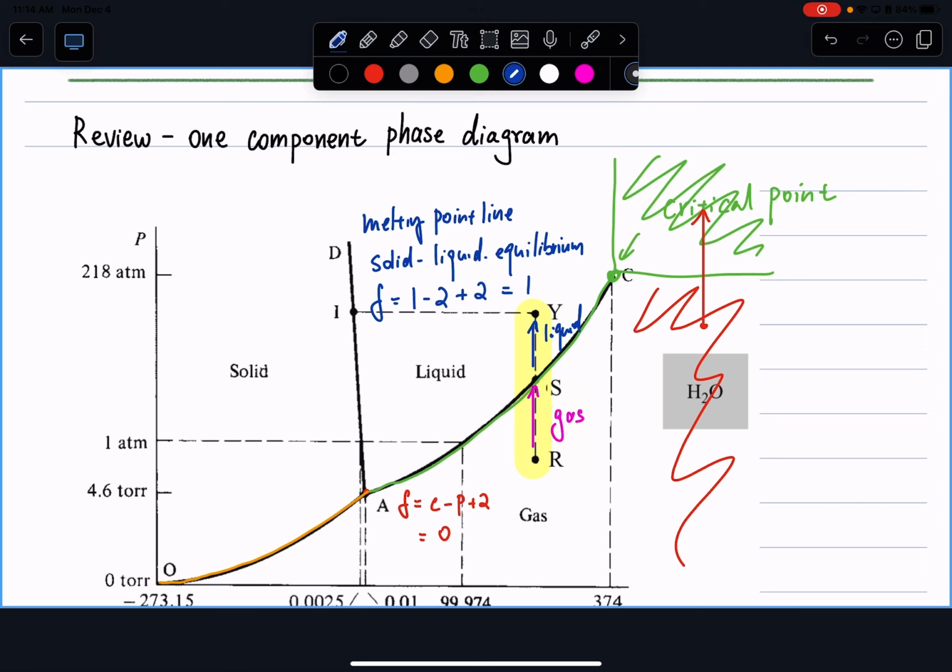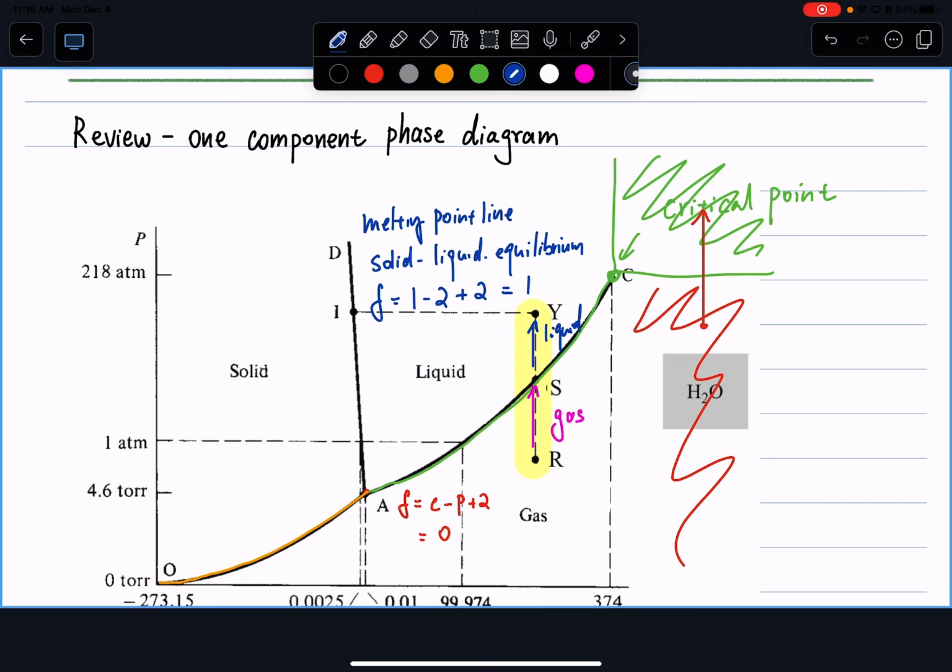And then at equilibrium, which is my point S, what we have is your molar Gibbs free energy of gas equals your molar Gibbs free energy of liquid. Also the differential of your molar Gibbs free energy at gas phase and the differential of your molar Gibbs free energy at liquid phase, they're equal. You can also replace that Gm with chemical potential. For one component, they're just by definition the same thing.